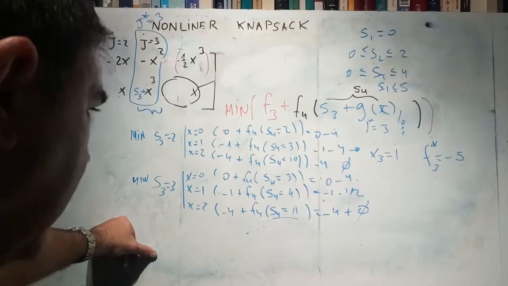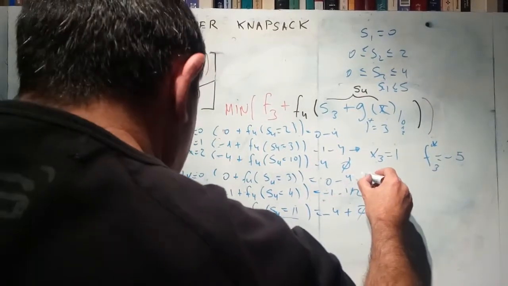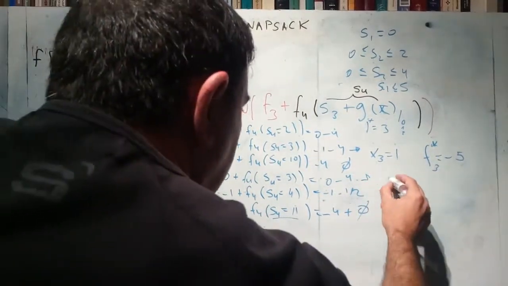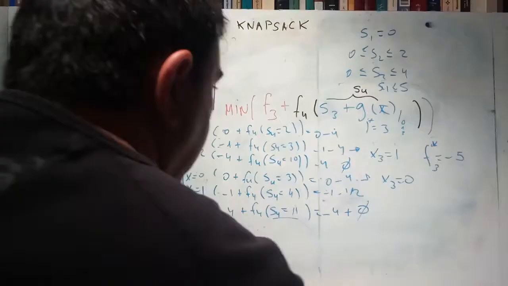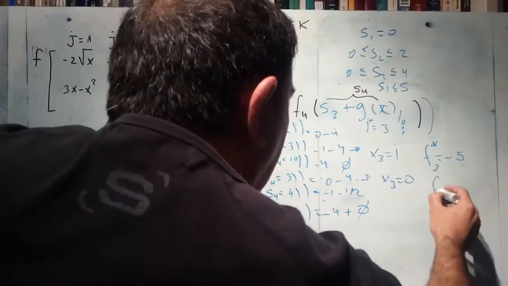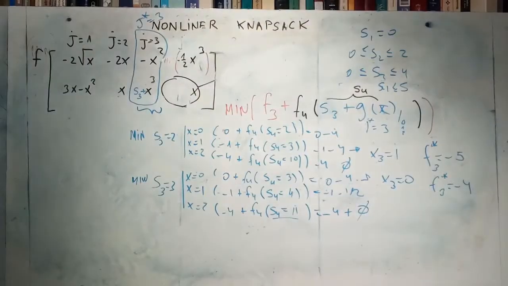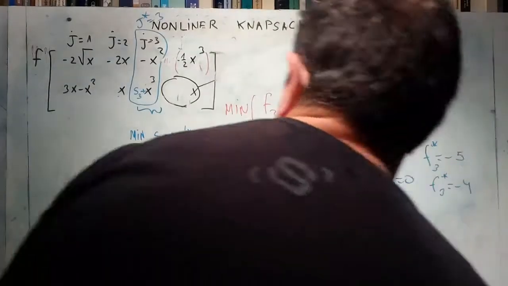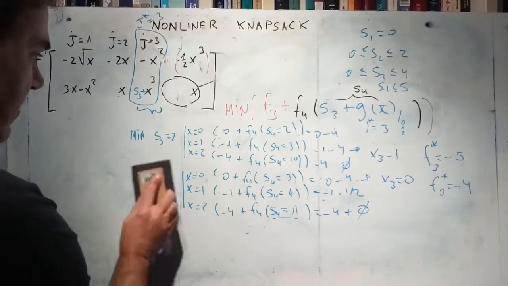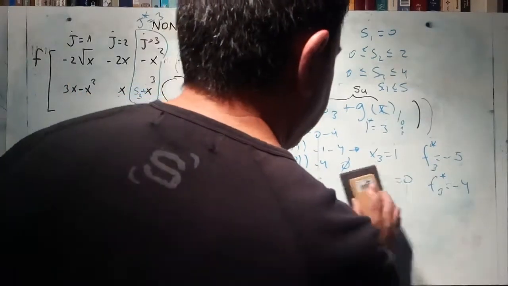So the minimum lies for this, the first, x3 this time being 0 and f star 3 being minus 4, right? And now the last value for S3 is this one.